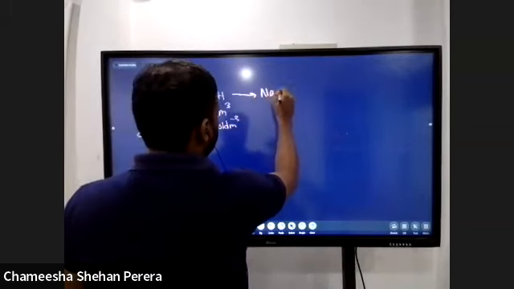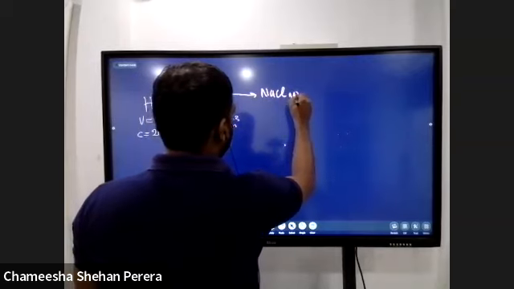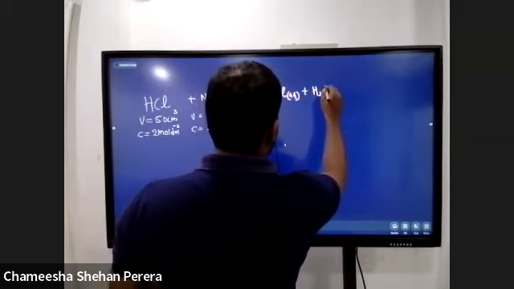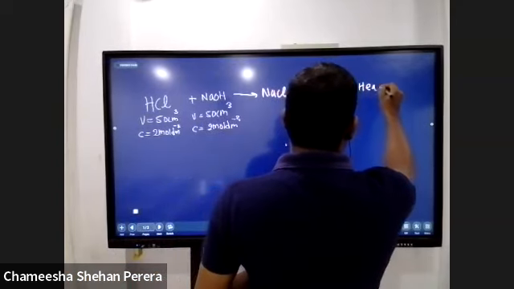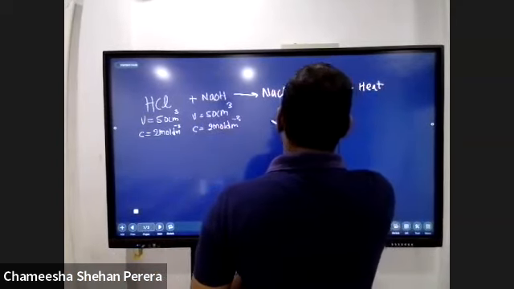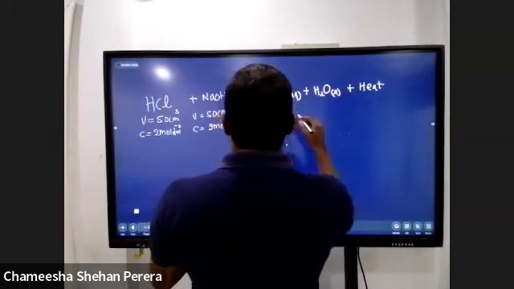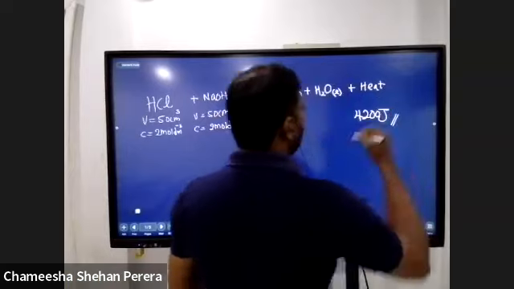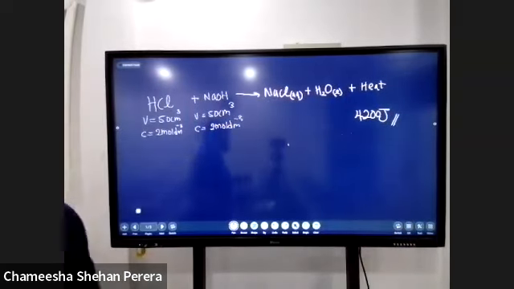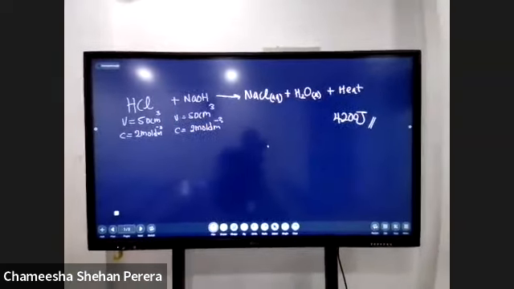That salt is NaCl, and water. And we also observed that heat was generated. How much heat was generated through this reaction? 4,200 joules of heat was generated during this reaction.